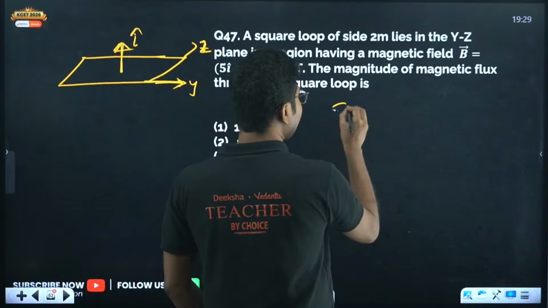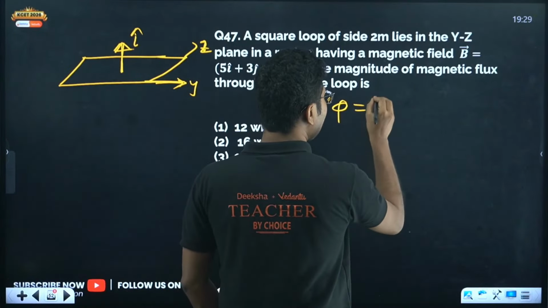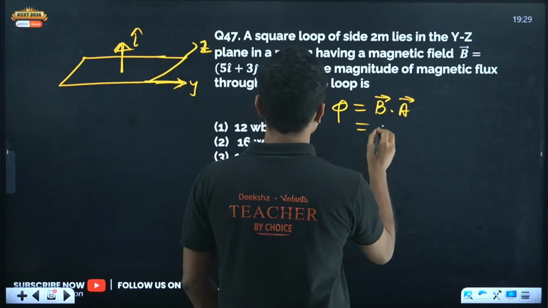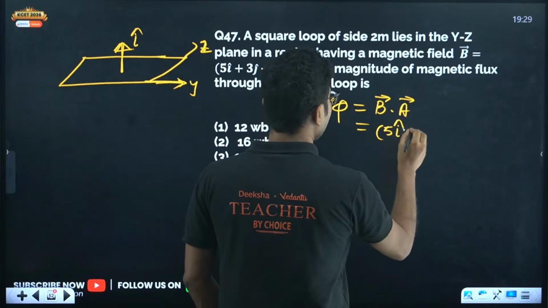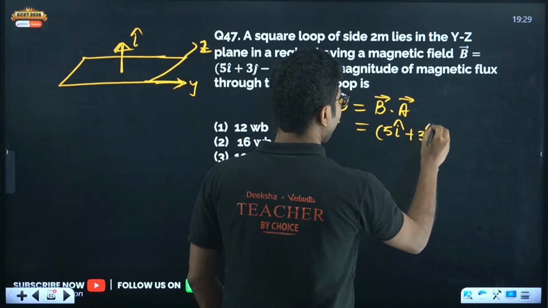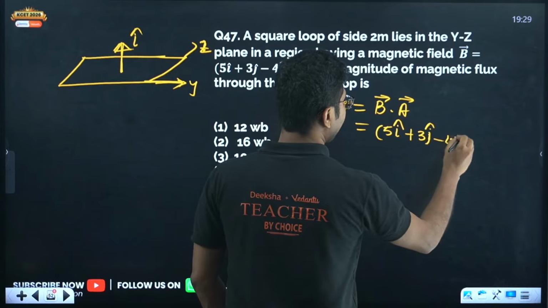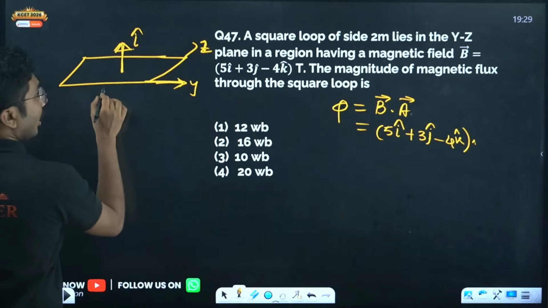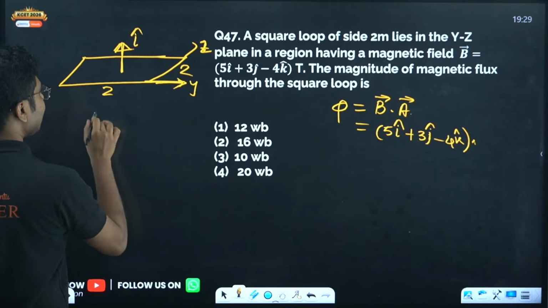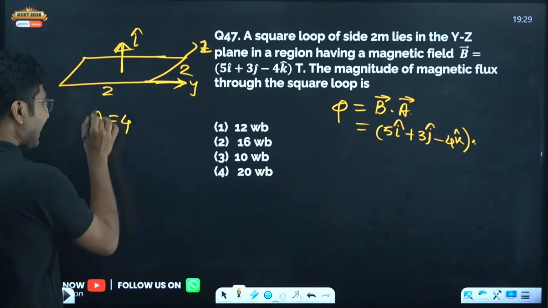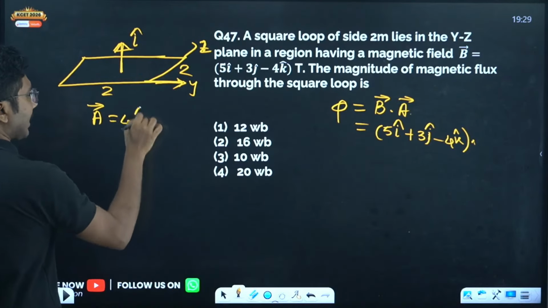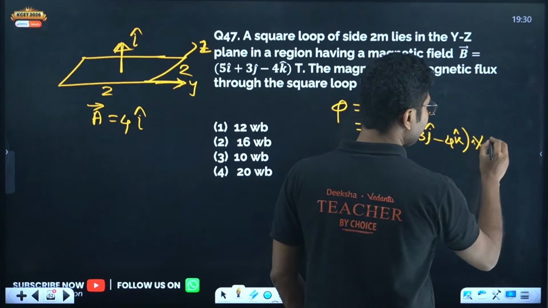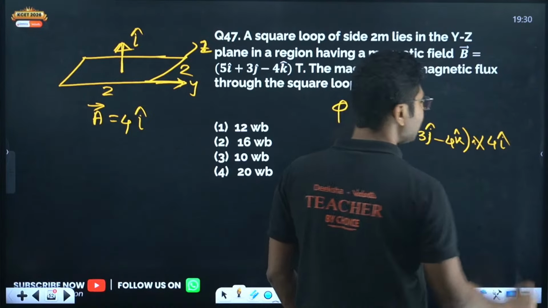We know that magnetic flux is B dot A. B is given as 5 i cap plus 3 j cap minus 4 k cap, dot the area vector. Side is 2 meter, so area is 4 and the area vector is 4 i cap. Very simple. Why 4 i cap? Because the area vector is always normal to the surface.